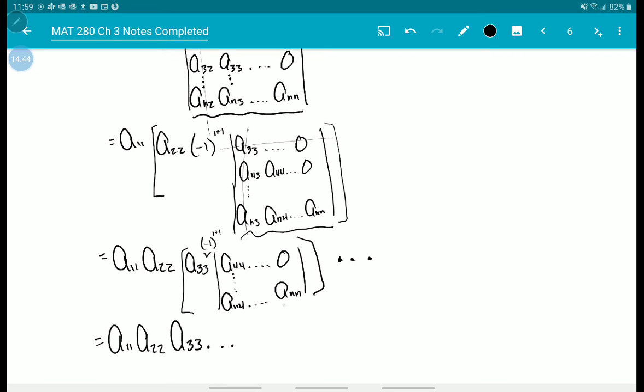So we're going to get all the way down to this last minor, which is going to have ann, n minus 1, 0, a n minus 1, n minus 1.